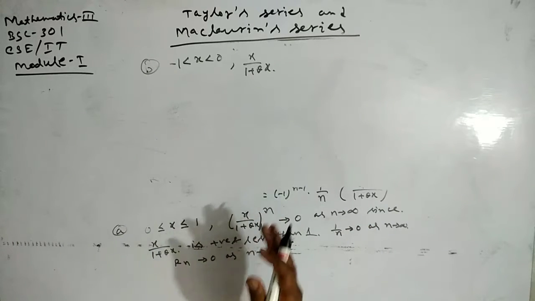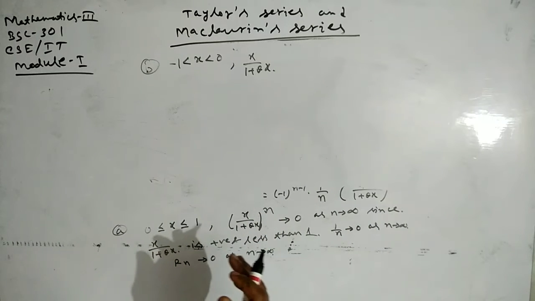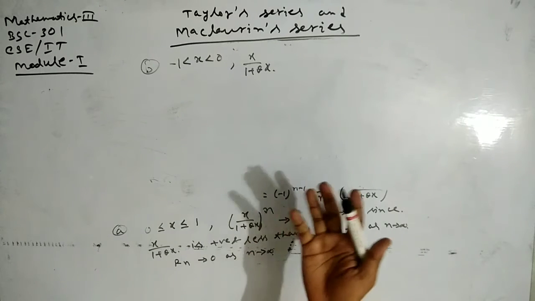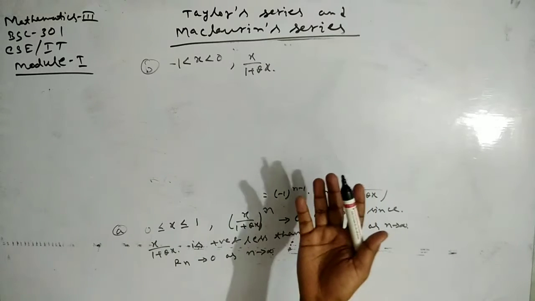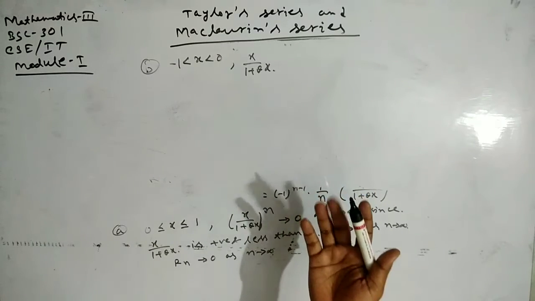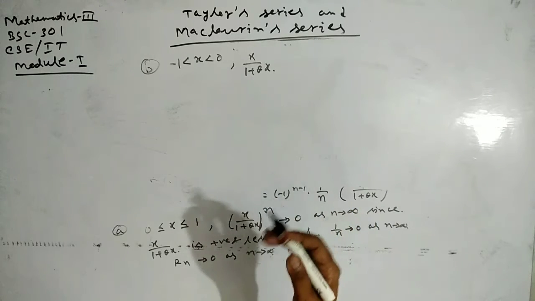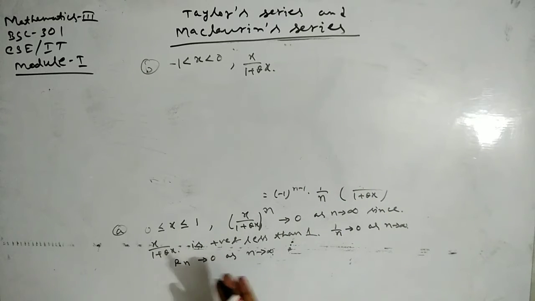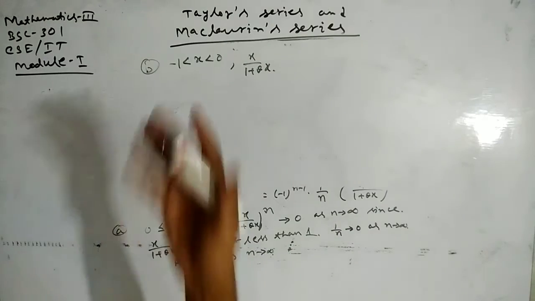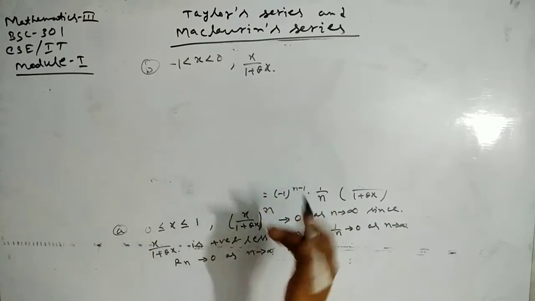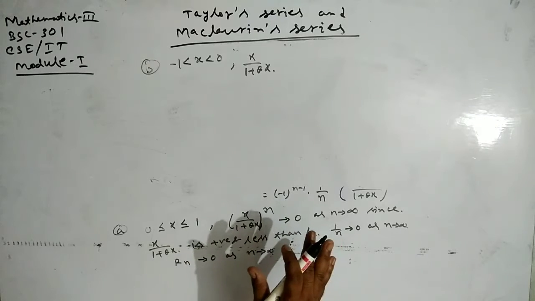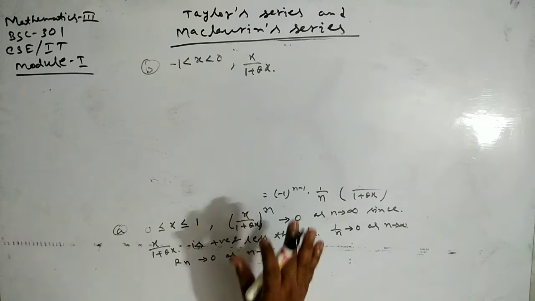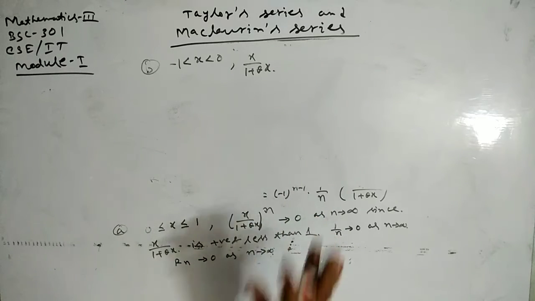It is not mandatory that this term will be less than 1, so x by 1 plus theta x may not tend to 0 as n tends to infinity, which happened in the first case. Thus, we cannot get any definite conclusion from Lagrange's form of remainder. So, in this case, we use Cauchy's form of remainder.